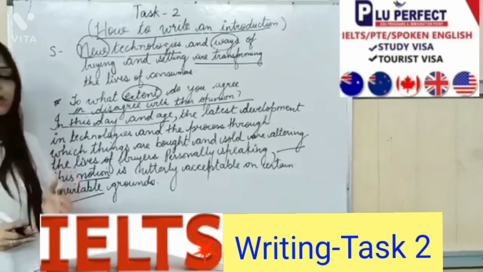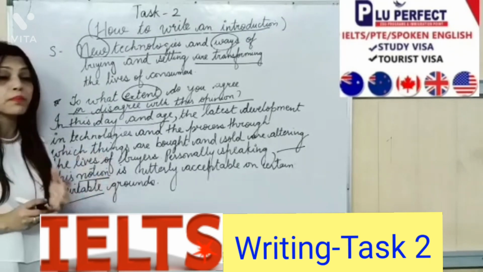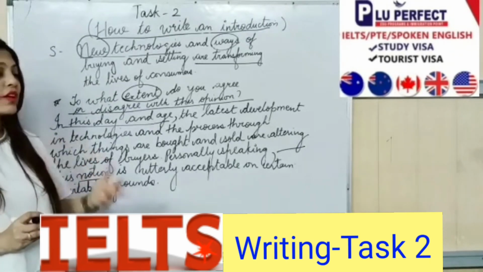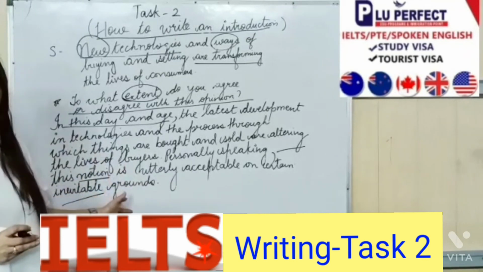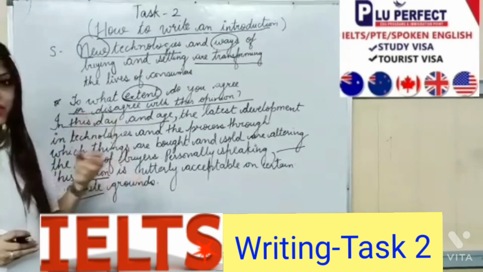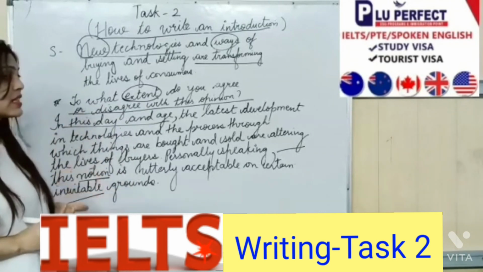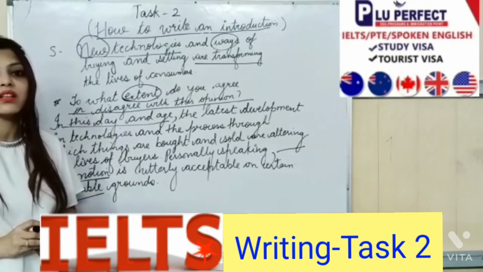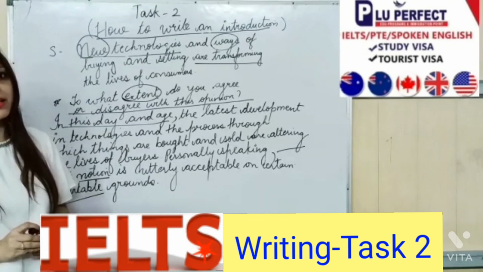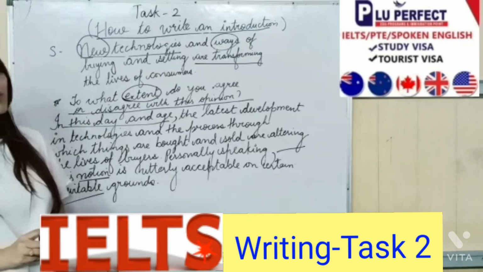Okay, so I hope this information is important, and if you try to write this kind of introduction, obviously you can bring variations as per your skills, then certainly you will be able to get more than 6.5 or 7 bands in the IELTS writing test.